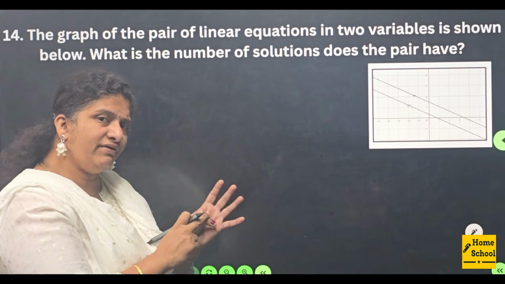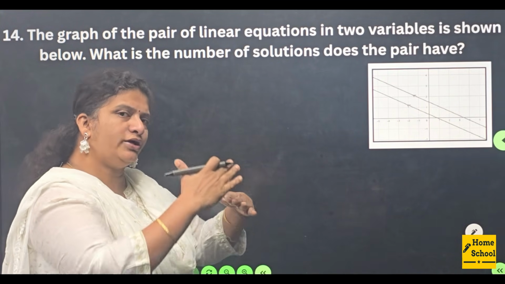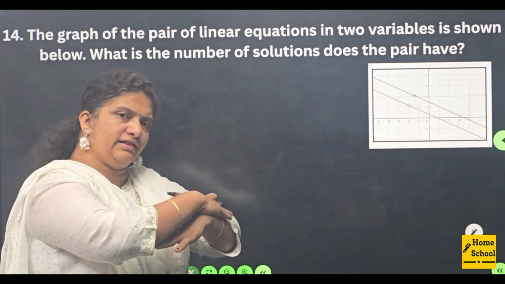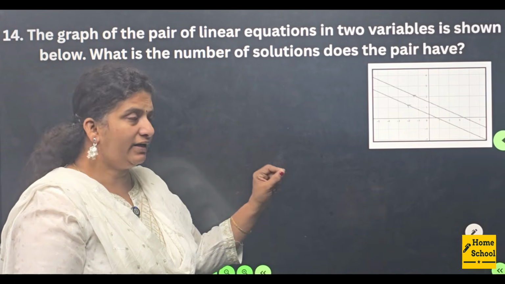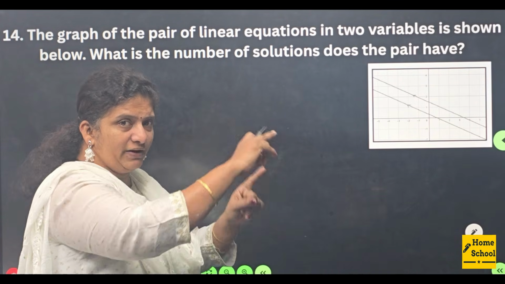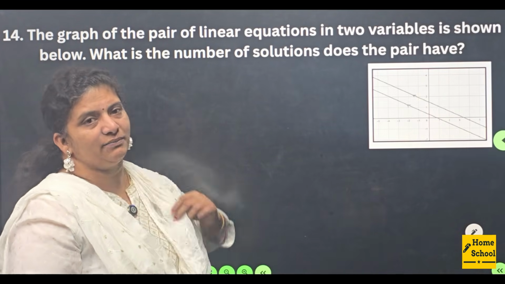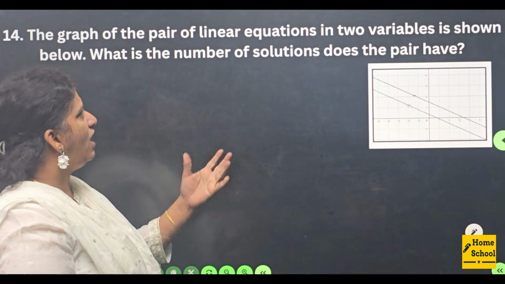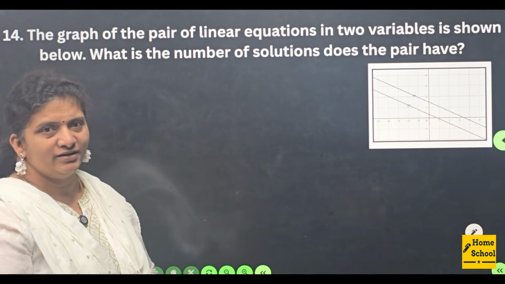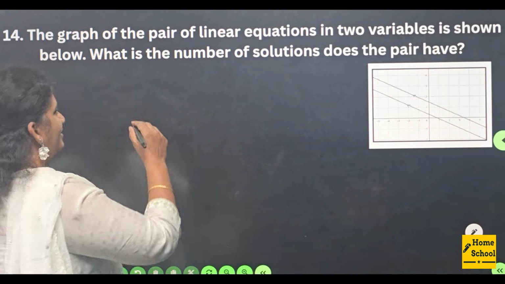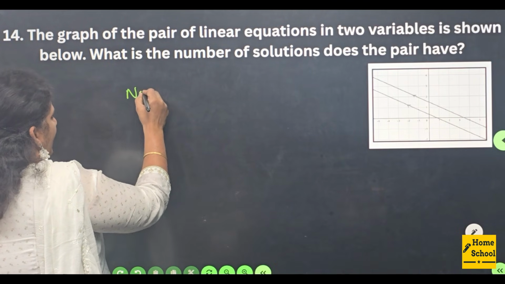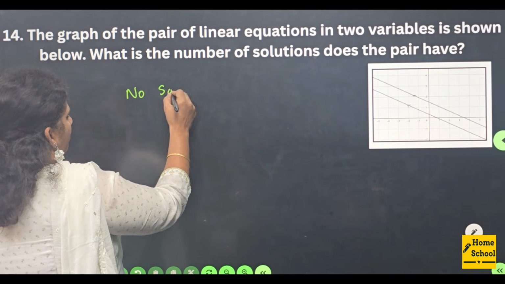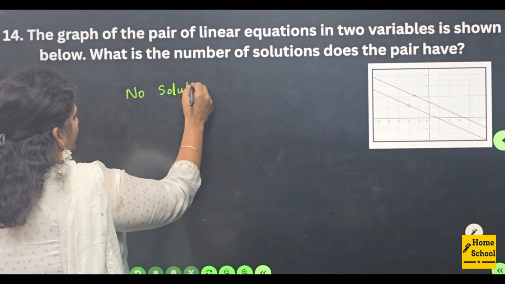If they are meeting, we can say it is intersecting, or if the two lines are overlapping on one another, it is coincidence. But here the two lines are separate and they are not meeting. That means the lines are parallel. If they are parallel, how many solutions do they have? There are no solutions. So right here the lines are parallel, therefore no solution.